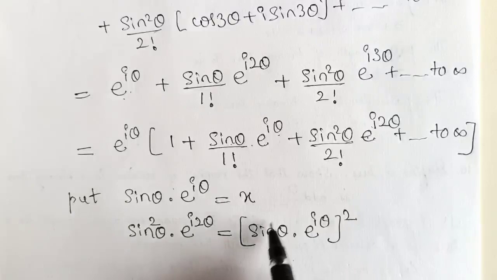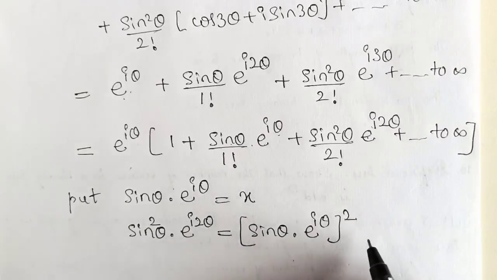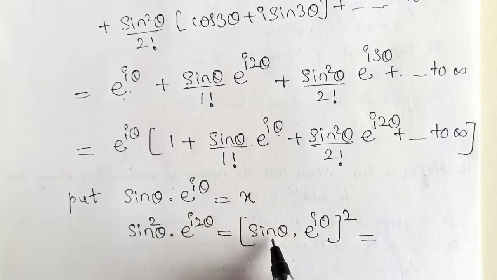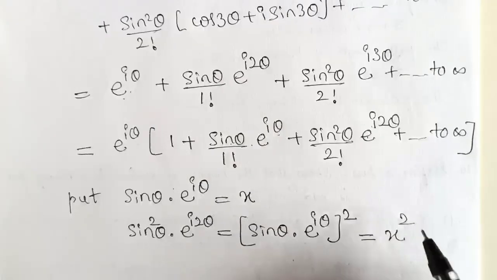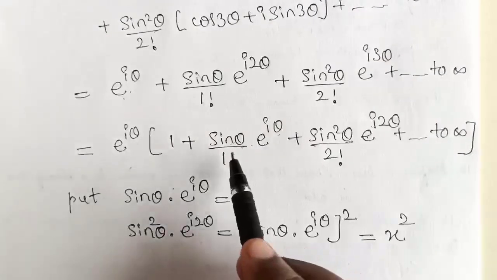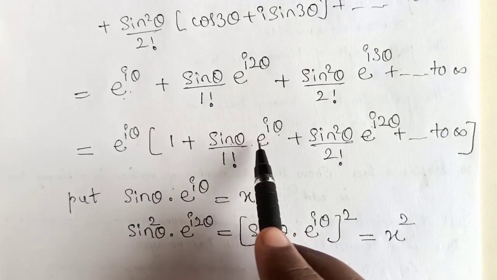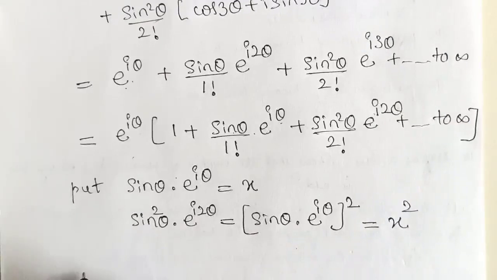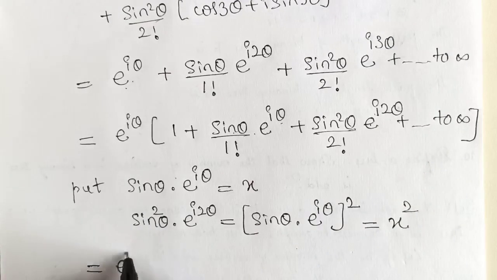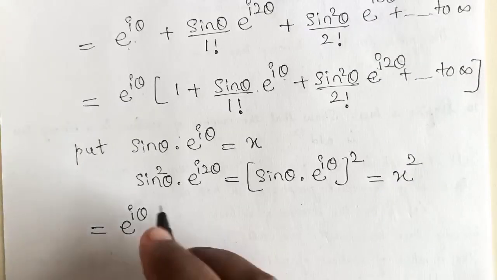On simplifying this we get sin square theta e raised to i 2 theta. So we have taken this term as x, therefore we get x square. That means in the place of sin theta into e raised to i theta we can substitute x, and here we can substitute x square. So on substituting we get e raised to i theta as it is. You have to keep this term as it is.